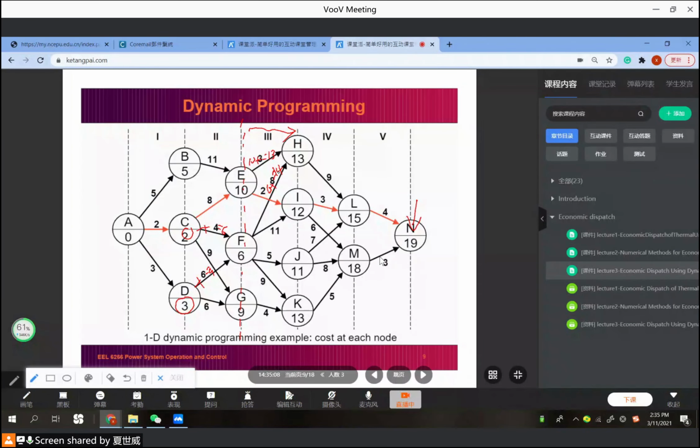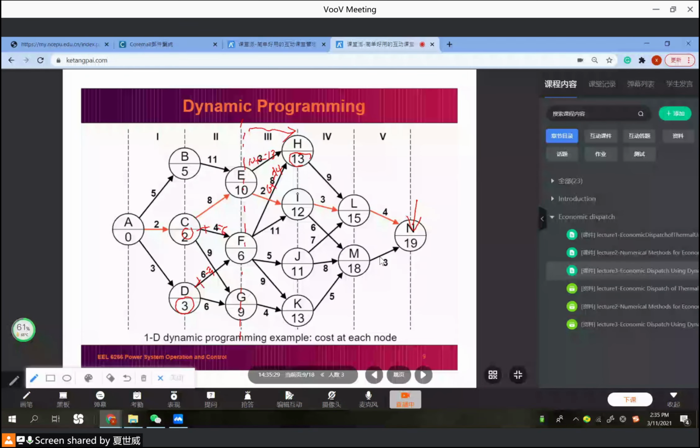So 13 is smaller than 14. So if you travel to H, this path is better. So for H, the best cost is 13, and the path will be E to H. How to get E? Of course, C to E. And how to get C? AC. So the best path will be like this to H.